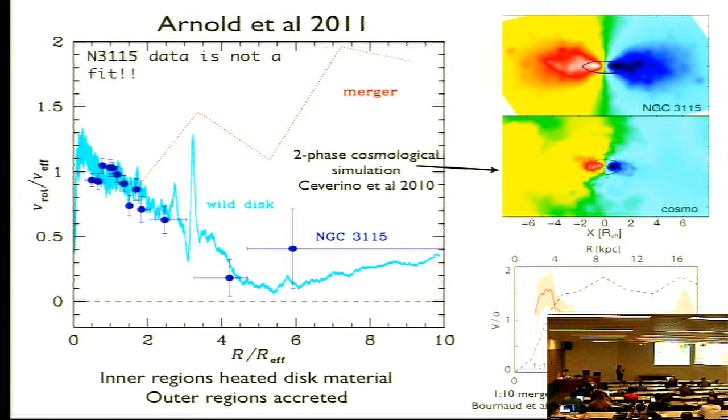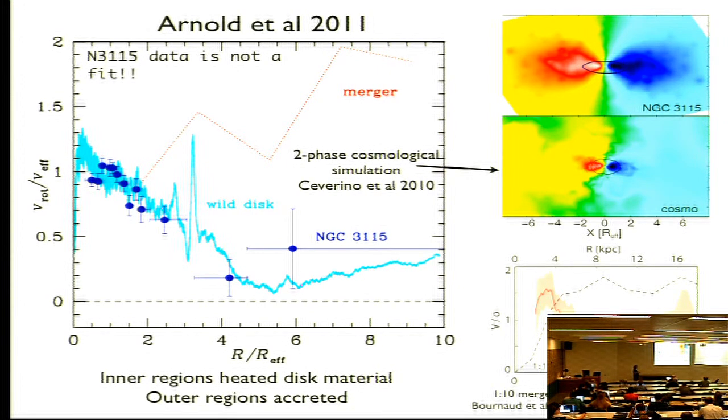So to reproduce the rapid inner rotation and the low outer rotation is extremely difficult with any kind of merger model. This is just to show you how well the cosmological simulations do.